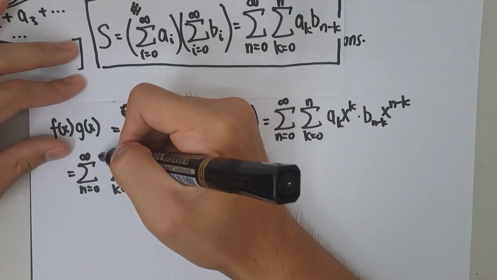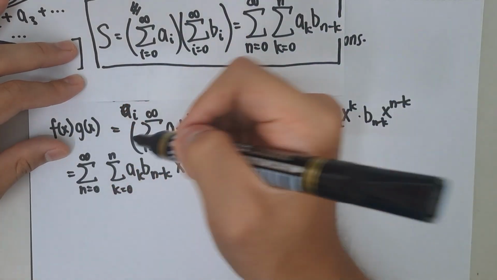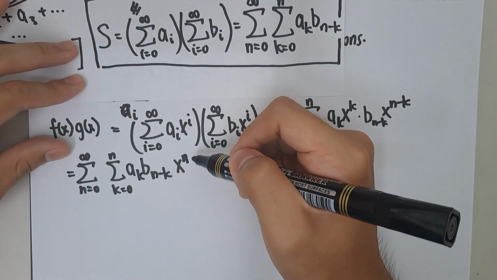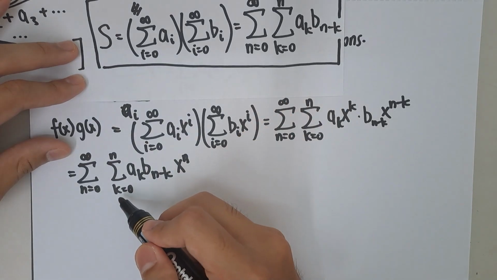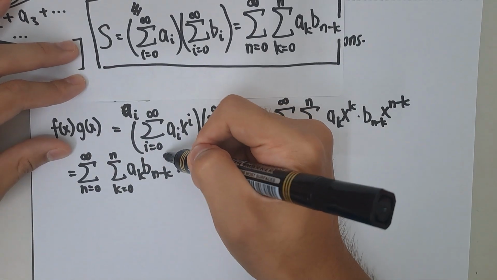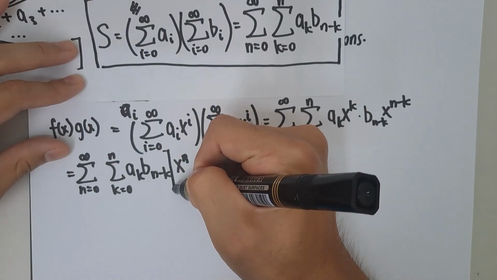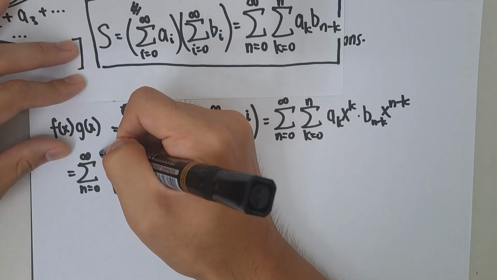And since this part, this x to the n part, doesn't depend on this k, we can bring this out of the sum.